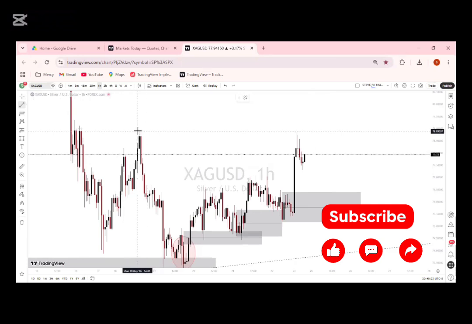Is there any form of liquidity the market might be going after? Yes, we can see that we have equal highs at this particular point. So we know that our conditions for picking a valid order block are: a valid order block must have displacement, must have liquidity either below or above that the market will be going after, must have imbalance and everything.